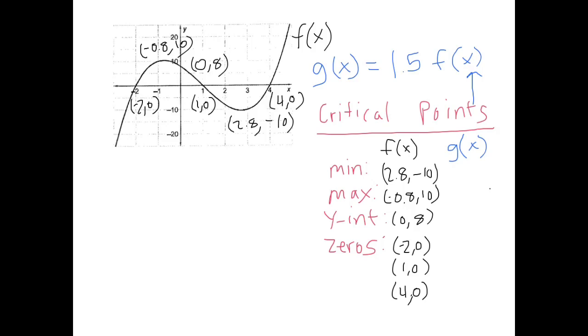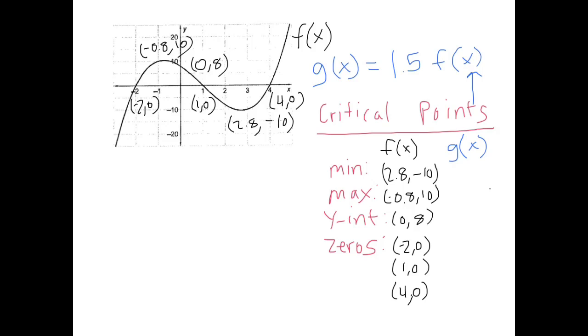Now let's do some calculations, and then we'll plot it and see what g of x really looks like. The minimum of g of x will be found by plugging in the x value at the critical points, determining what f of x is, which is the output at the given input, and multiplying that output by 1.5. If we plug in 2.8 for x, the output is -10.